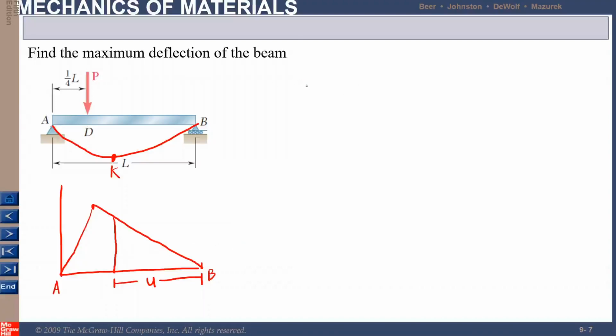Alright, so let's try to find the value of U, or the area that is related to K here. Because I now choose B as our reference, I need to find the value of theta B. Theta B is just theta A plus theta B over A, which we already solved just now. So that is the whole area of A1 plus A2, and we already found the values for all of this.